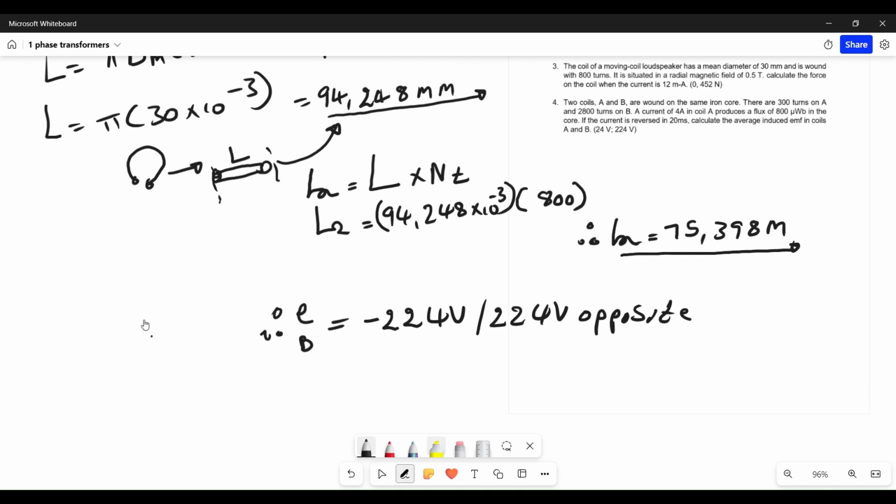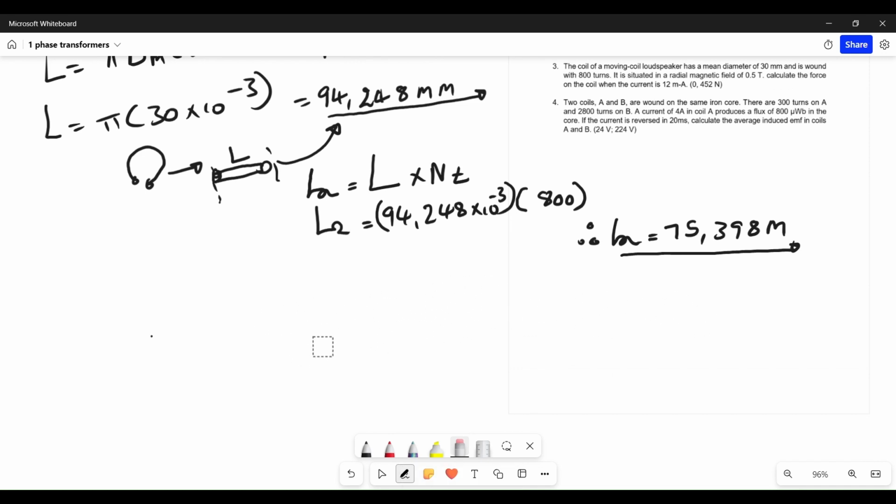So what we're gonna do, we're gonna calculate the force. Okay, so we know that we have a coil that has 800 turns, and the length of that coil is 75.398 meter.